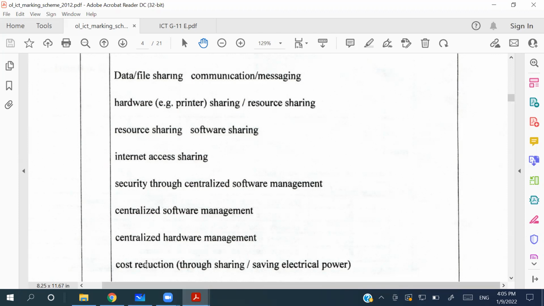Centralized hardware management can also be taken, and cost reduction. So any 2 points will give you 2 marks. If you got any alternative answers, let me know, and I will tell you whether it can be taken as a correct one or not. So 2 marks are given for that.